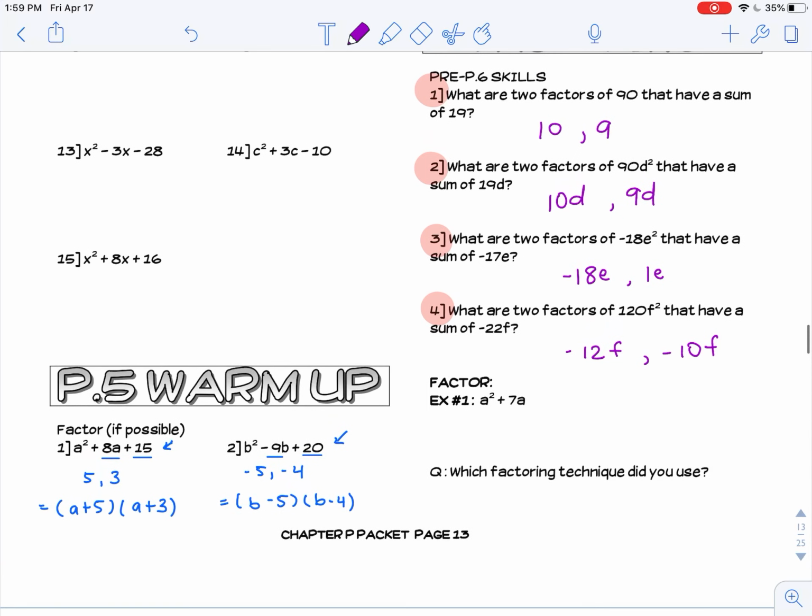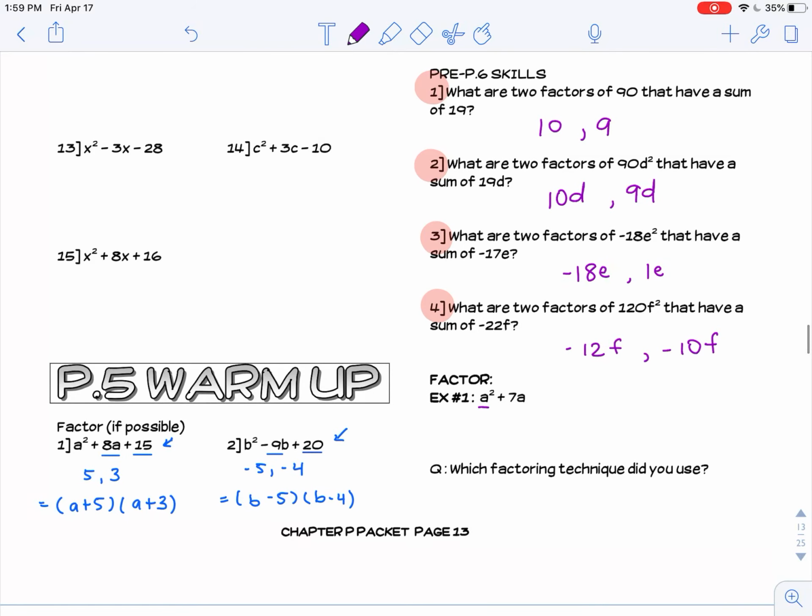Okay. So we're going to go back a little bit of a ways and then work our way up to more current things. So a squared plus 7a. Which factoring technique did we use in order to factor this? If we wanted to factor this, we don't have a quadratic trinomial like the previous section. So we look, what do both of these have in common? The variable a.